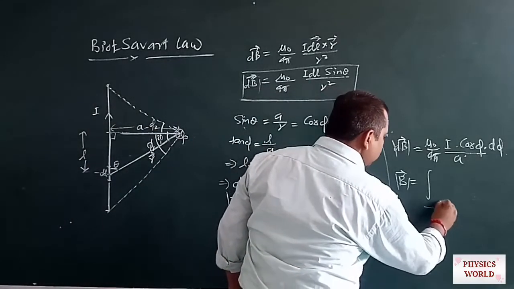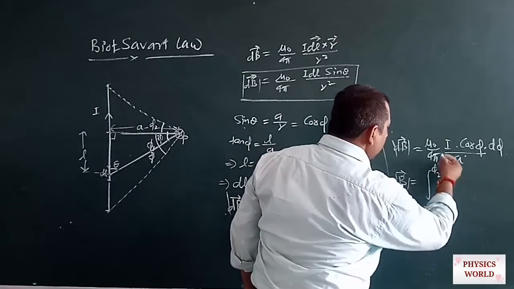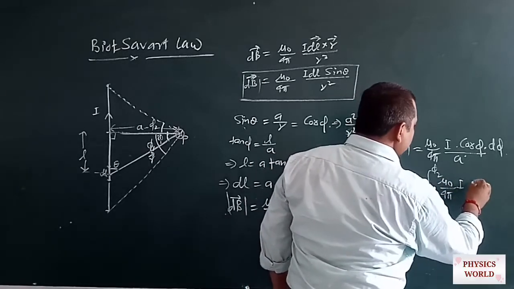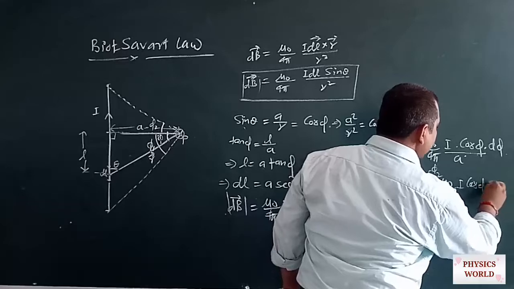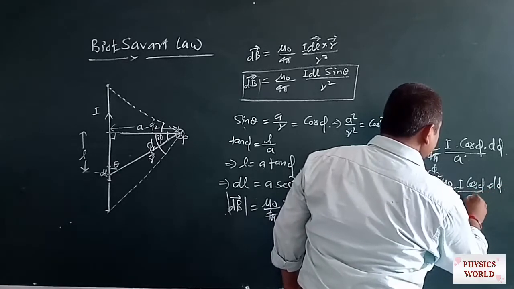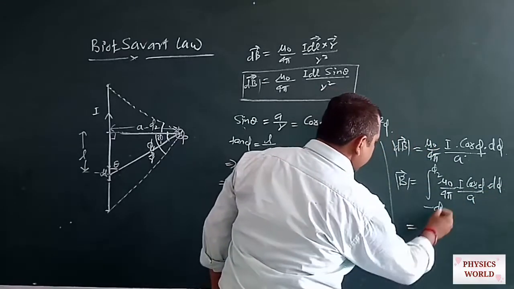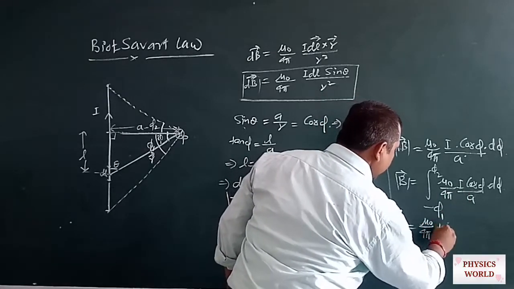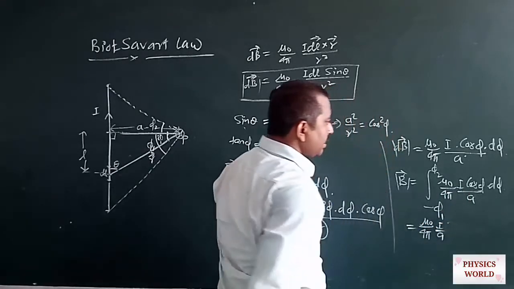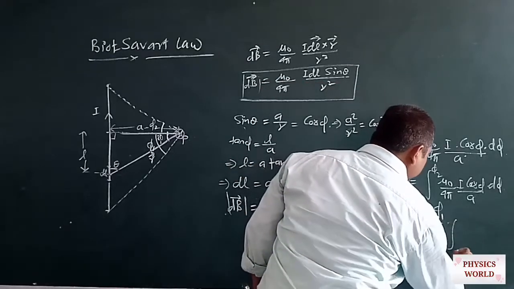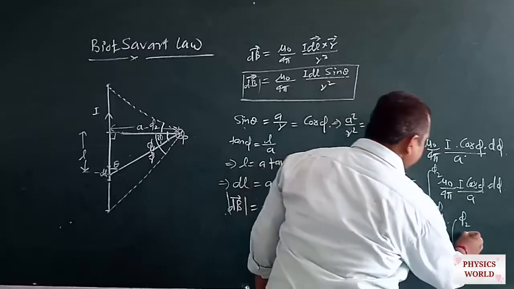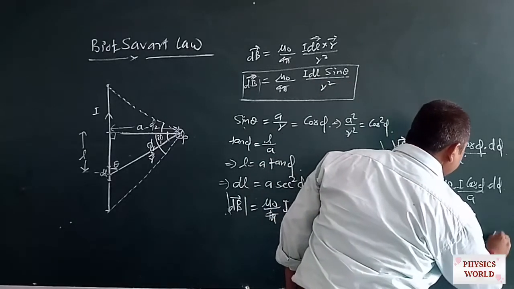Mu 0 upon 4 pi I into cos phi d phi by a. If we take mu 0 upon 4 pi I by a as common, then we get the integration of cos phi d phi from minus phi 1 to phi 2.